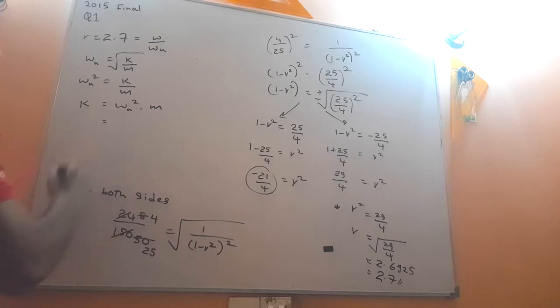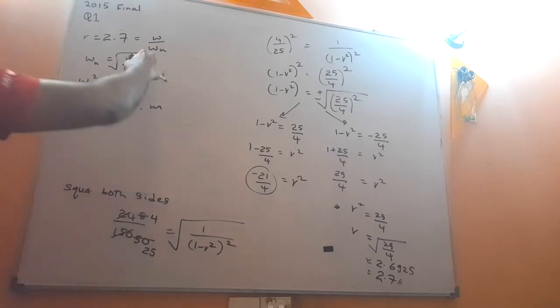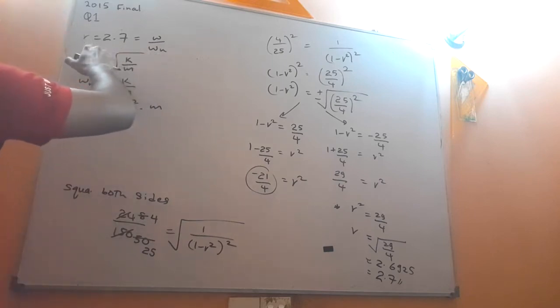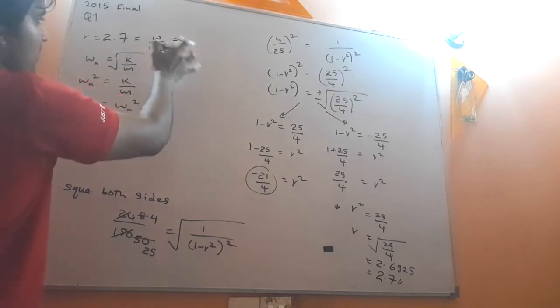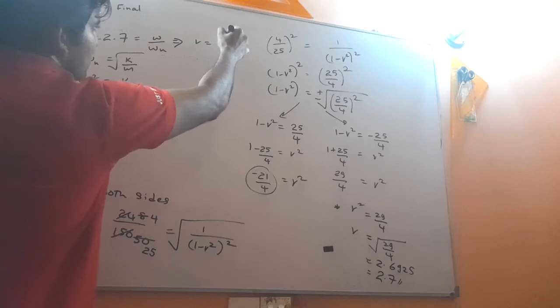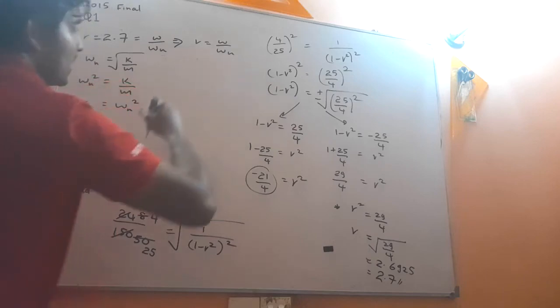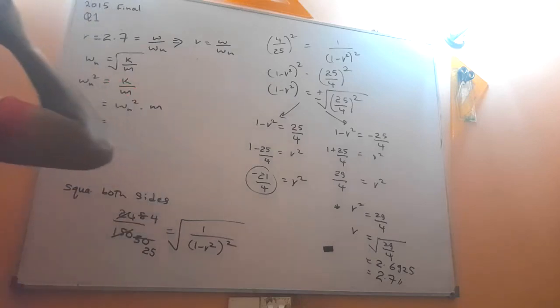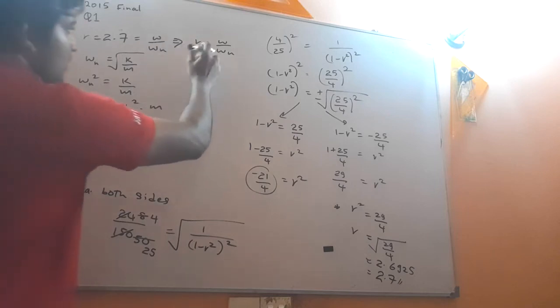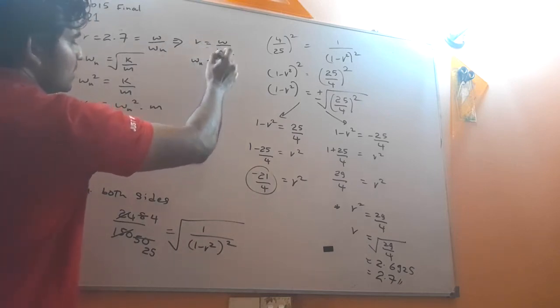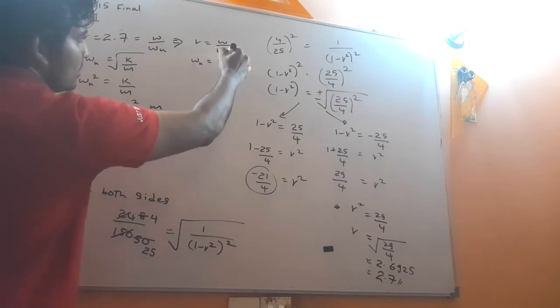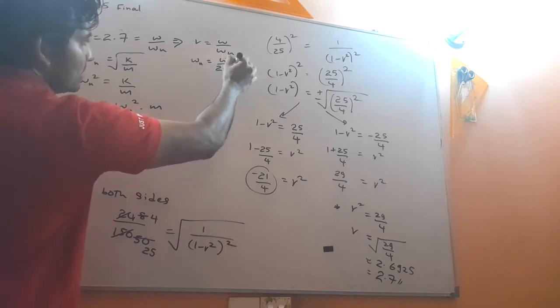Now again look here, we know r equals omega divided by omega n. So then what is omega n? Omega n you can obtain from here. Omega n is omega divided by 2.7, right.